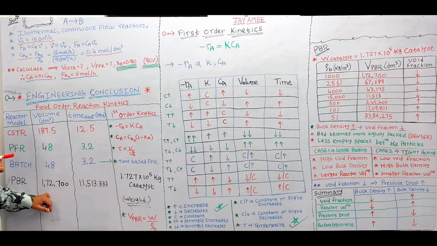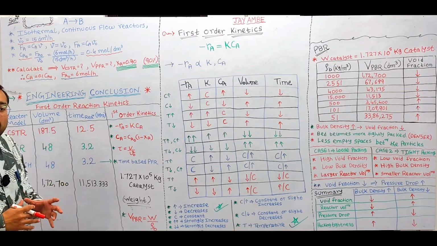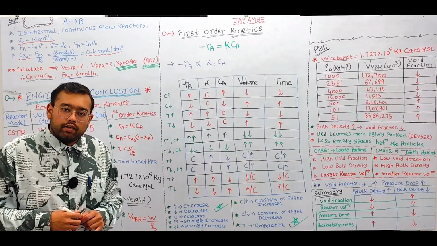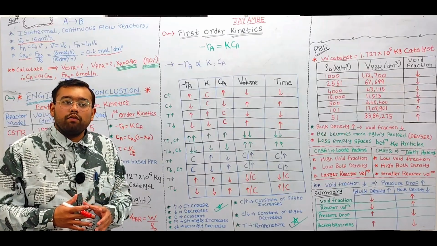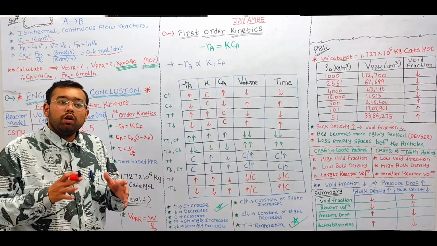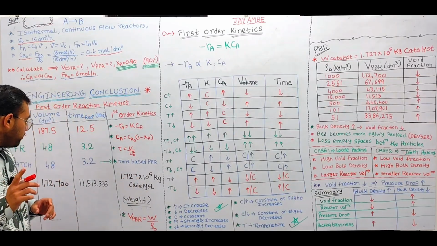So I have made you understand the actual method by which we design the volume of the packed bed reactor, using the equation in which the volume of the packed bed reactor is the ratio of the weight of the catalyst divided by the bulk density. The bulk density is the ratio of the weight of the catalyst divided by the total volume occupied by the catalyst. I hope you have understood.